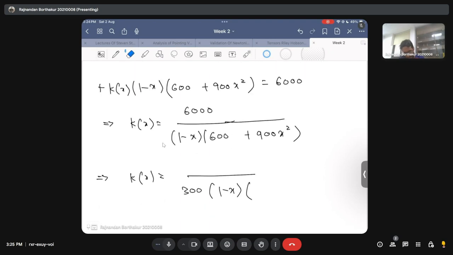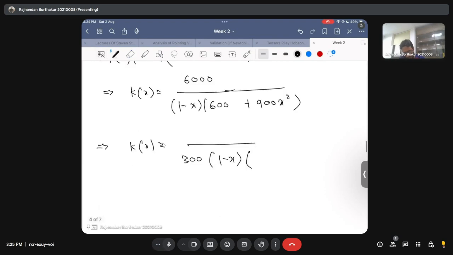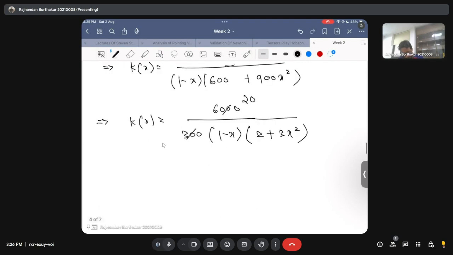Okay. So then this would be 300 into 1 minus x, and then this would be 2 plus 3x squared, and then this is 6000, and then this will give you 20. So your thermal conductivity, as you can see, is 20 by 1 minus x into 2 plus 3x squared.